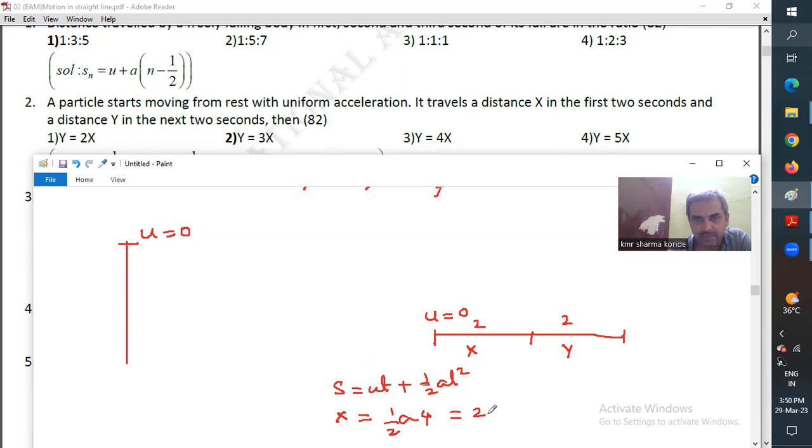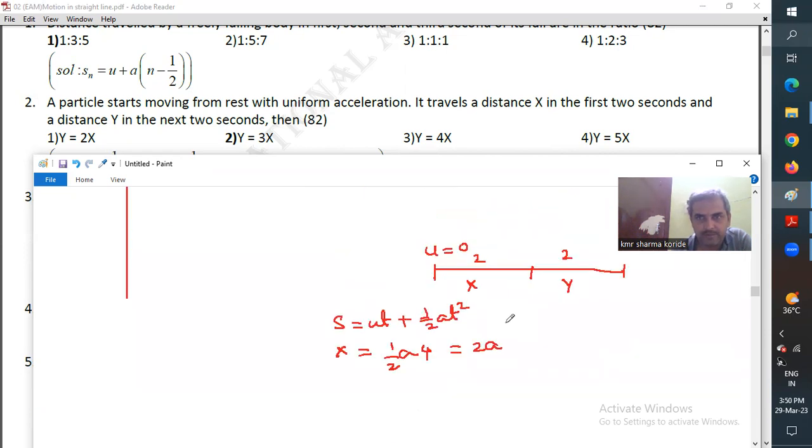This is going to be x is equal to 2a. The next part: since the motion is uniform, entire x plus y is covered in 4 seconds. So when you take the entire distance, u is 0, half into a into 16, so this will be 8a. Therefore x plus y is equal to 8a.